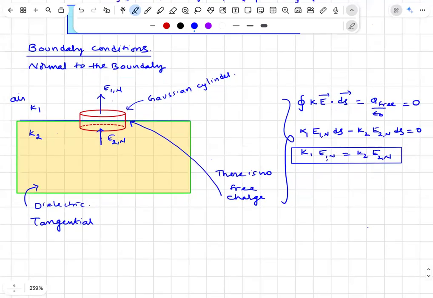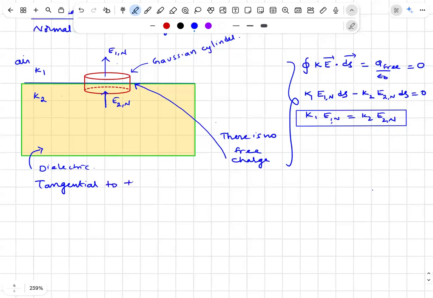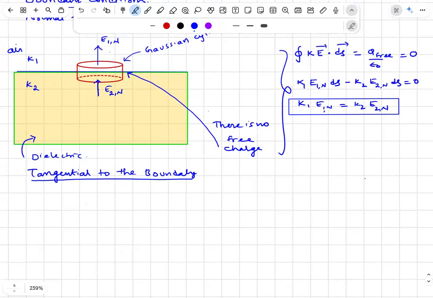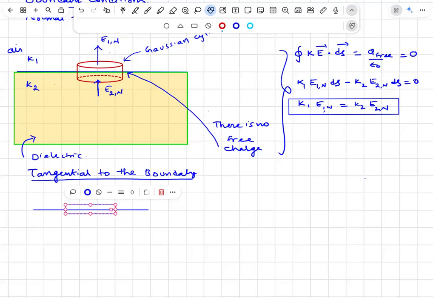Here I have written normal to the boundary; now tangential to the boundary. Now imagine the same boundary here. I'm drawing the same boundary here. And now we don't require a three-dimensional shape, you just require a two-dimensional shape like this.